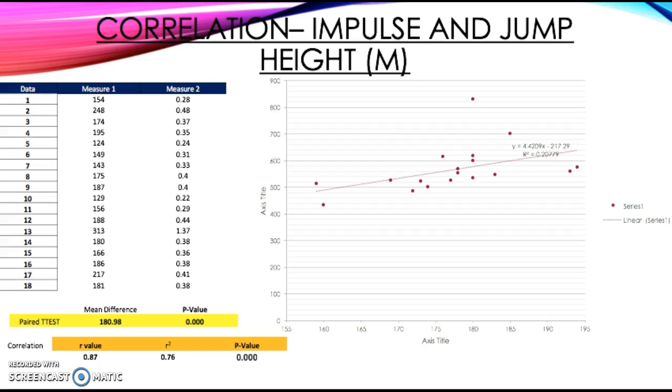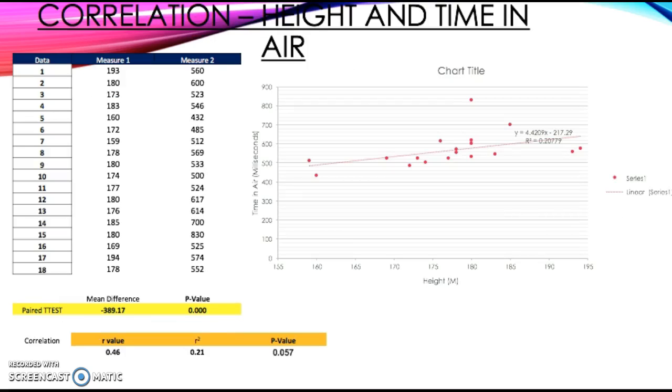This means that the correlation is true because there was one small anomaly, data 13, measure 1, 313, and measure 2, 1.37, which might have slightly affected the trend of the graph, but will not have a dramatic impact. Between the height and time in the air, there is a moderately positive correlation because the R value is 0.4, which is 0.54 off of 1.